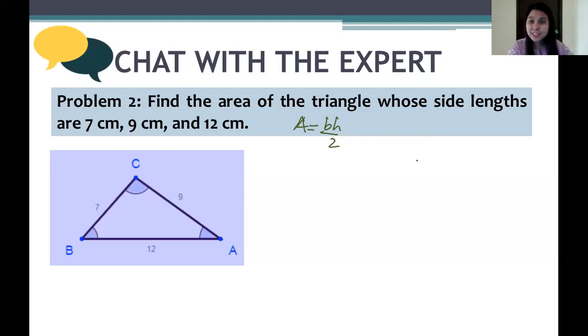If the triangle is a right angle, or if the height or the altitude is given, like this one. But it's not given. We only have 3 sides. So how will you solve for that? In solving the area of a triangle without the altitude given, we use Heron's formula.